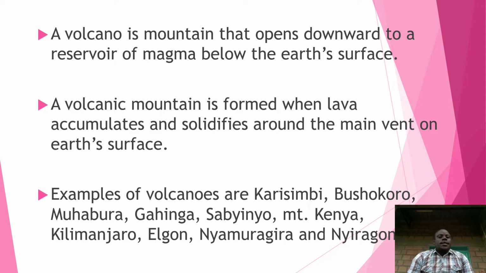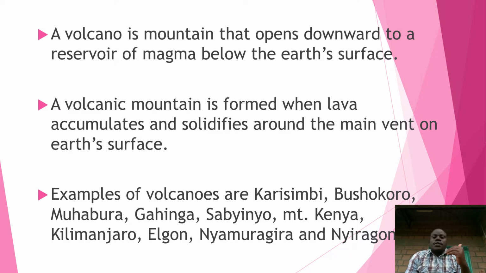Number 1 is a volcano. A volcano is similar to a volcanic mountain, a volcanic highland. This is a mountain that opens downward to a reservoir of magma below the Earth's surface.